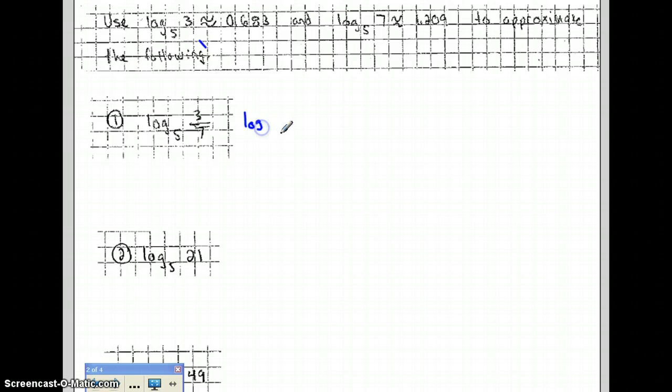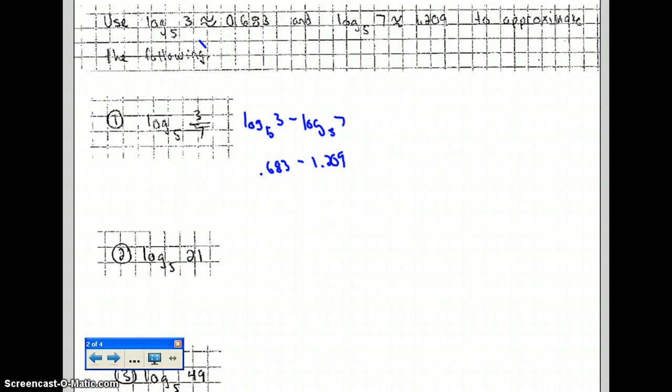So I know it's going to be log base 5 of 3 minus log base 5 of 7, because I know with the quotient property, when I'm dividing, that is the same thing as me subtracting the two logs of them. So I'm going to be taking 0.683 from 1.209, and I'm just finding the difference of those two quantities.